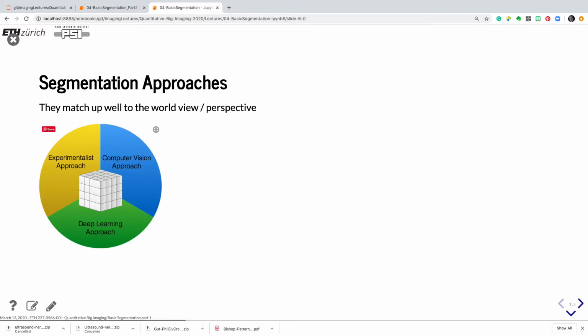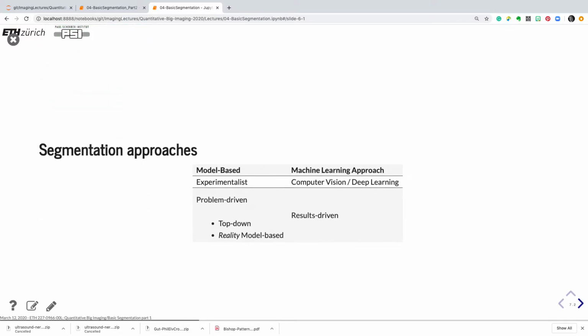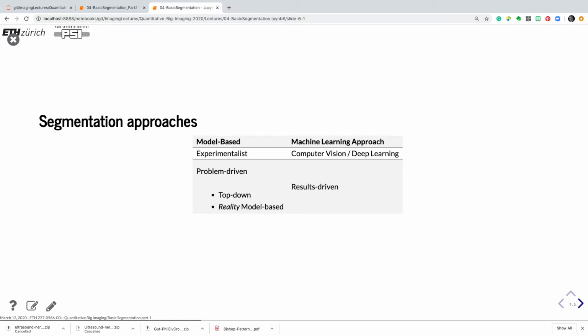And with a deep learning approach, you need to label the data somehow, so you already need to put some expert knowledge into the data, and then you tell this deep learning machine to learn what is expected out of that data. And from that, you can make predictions on unknown data. So they are a little bit different approaches to how you work with the data.